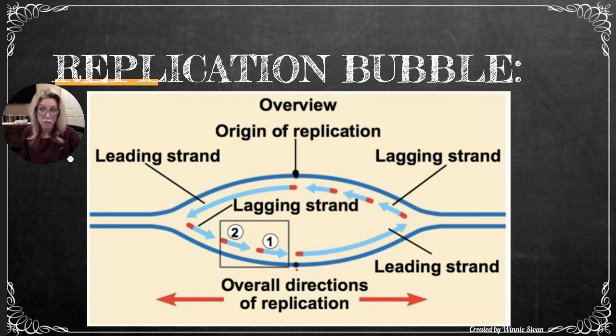Look across the street where the traffic's running the other direction, then they've got to copy it this way. So kitty corner from that leading strand is another leading strand, and then turn around, come back, turn around and come back. These areas, as they're working out, looks like a fork in the road. This is called a replication fork, and oftentimes they just show you the left-hand side of this picture, but you'll know it's going in both directions.